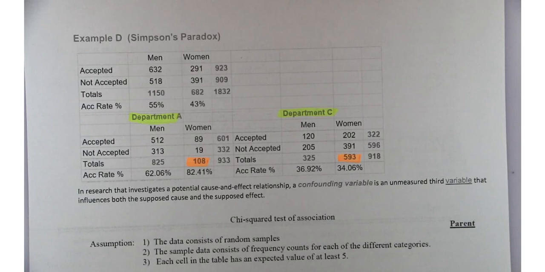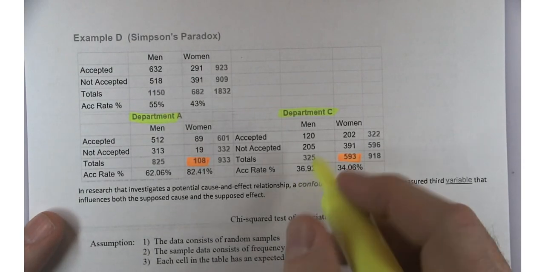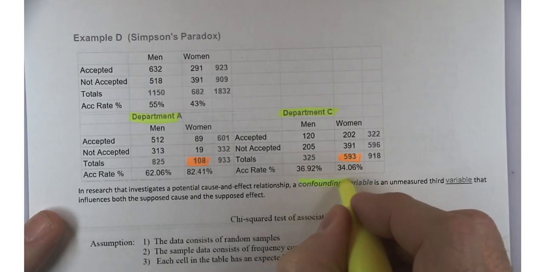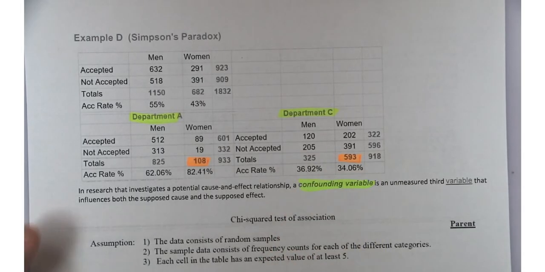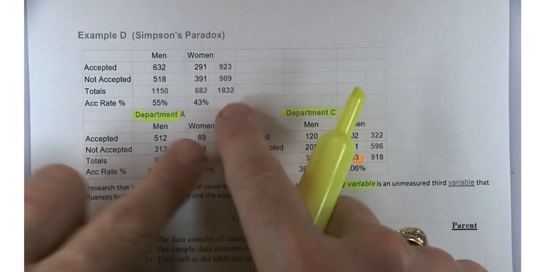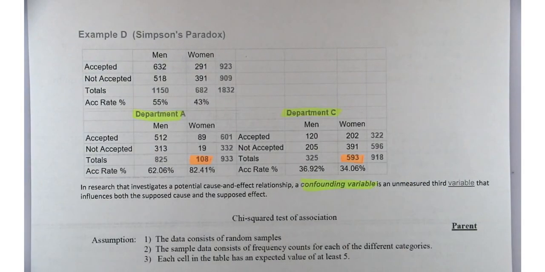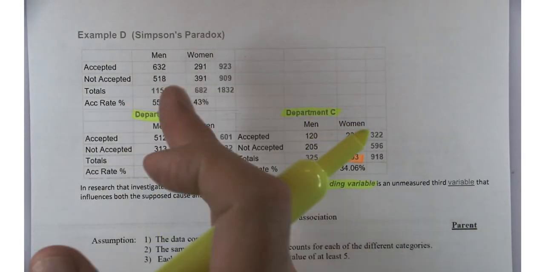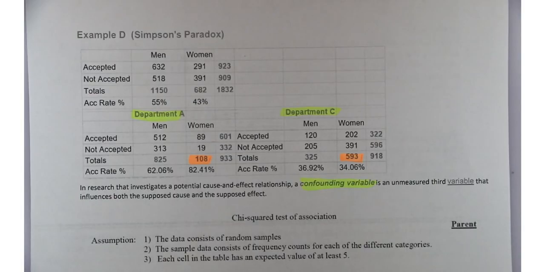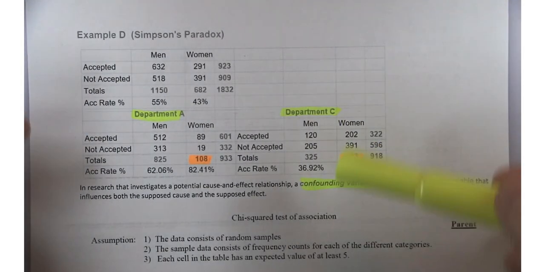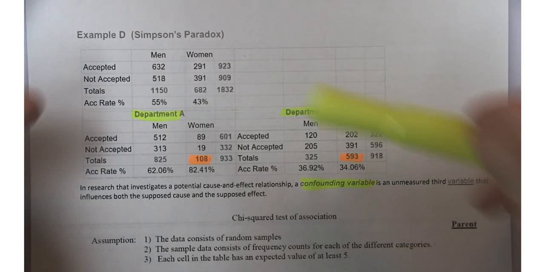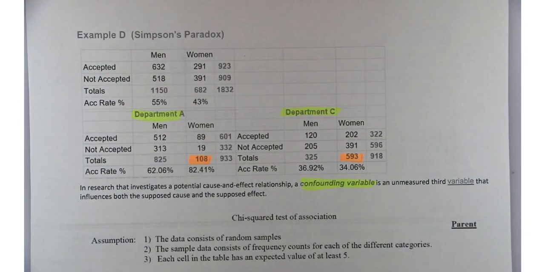What you're seeing is the result of a confounding variable, and those results skew the overall picture. If you didn't split this up, you'd probably think, all right, we've got a problem here with gender bias. Now, I'm not saying that gender bias doesn't exist. It does. But in this case, we can explain it this way.